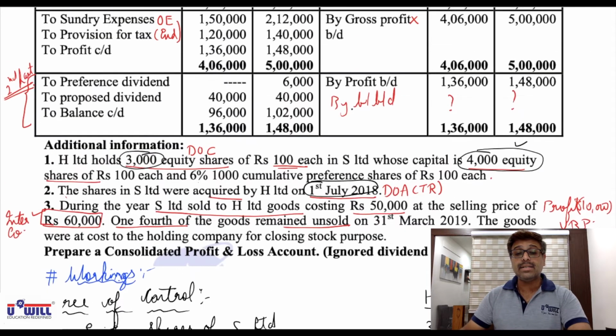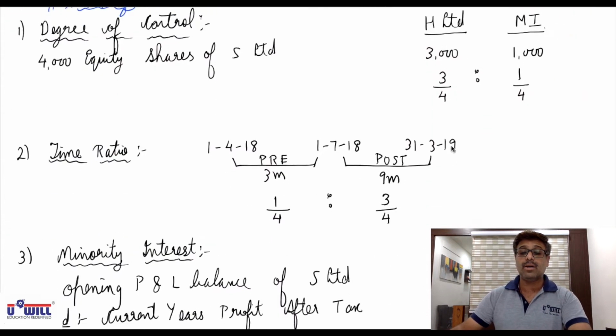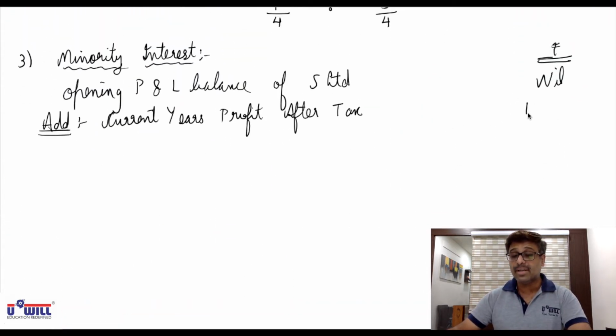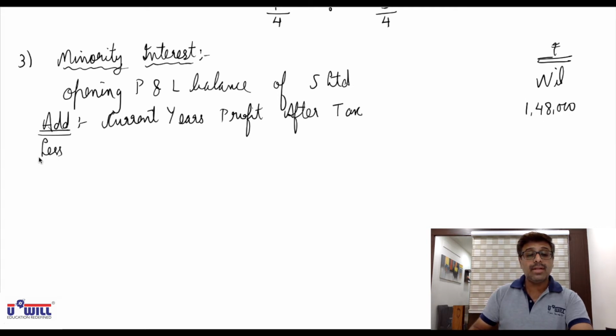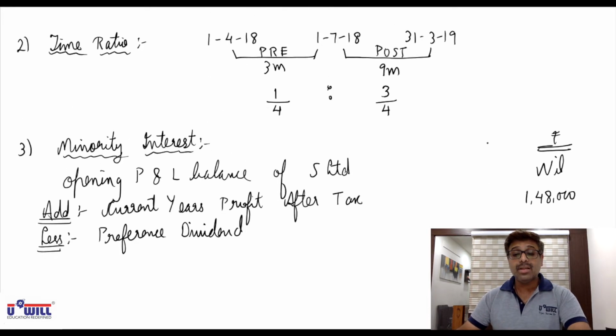Now what is current year's profit after tax? This 1,36,000 and 1,48,000. We have to take it only for subsidiary company. So 1,48,000 is current year's profit after tax. Now if you remember in the working note yesterday I made you write, we will minus from this preference dividend as well as equity dividend, because we show that separately in P&L statement.